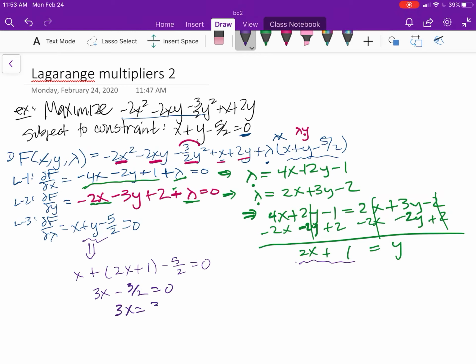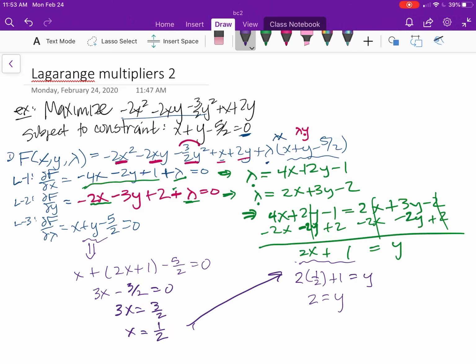Add 3 halves, 3x equals 3 halves. Divide 3 or multiply by a third, and we get x is 1 half. All right, now if x is 1 half, we can get y, because right, 2x plus 1 is y, so 2 times 1 half plus 1. So we'd get 1 plus 1, y is 2.